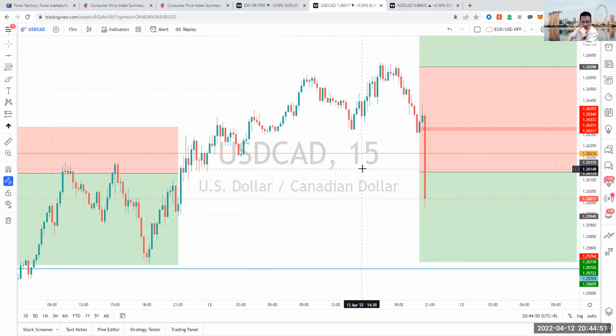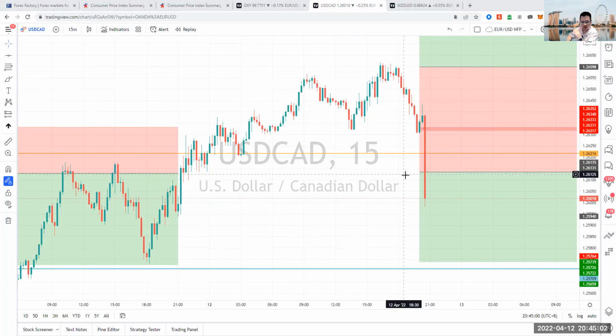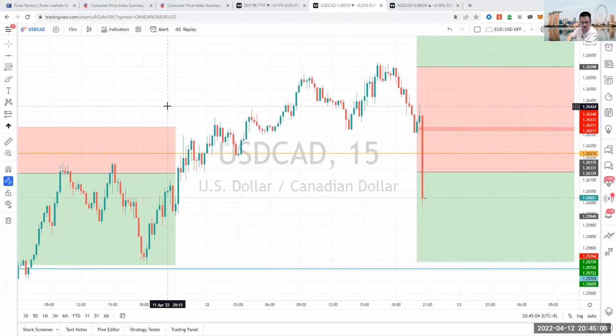One minute to the 15-minute candle close. Okay, that's the 15-minute candle close. Going to see that possibly bounce a bit.